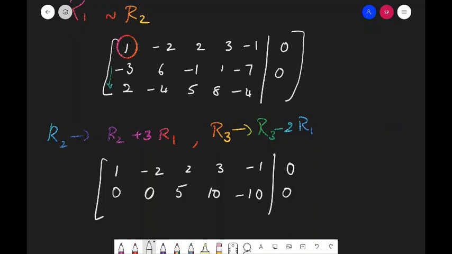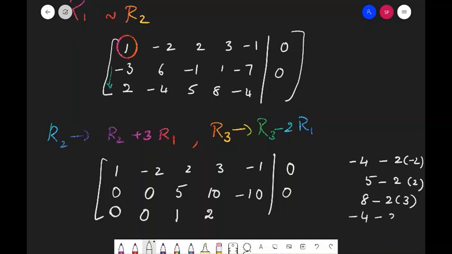The first element is 2 -2, which is 0, then -4, then -2 into -2, which is also 0, and the next one is 5 -2 times 2, 5 -4 is 1, and the next one is 8 -2 times 3, 8 -6 is 2, and the last one is -4 minus 2 times -1, -4 plus 2 is -2, and this one will be anyway 0, and here also we have 0. So this is what we got now.